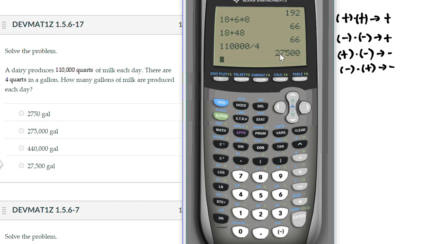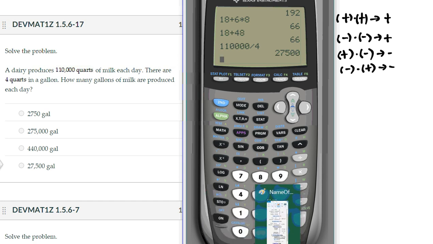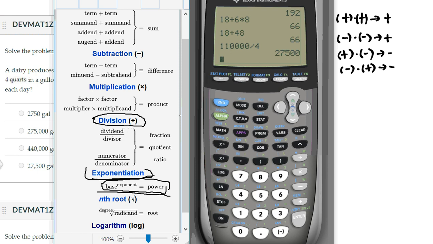Then the division does tell you how many divisors are in the numerator, or in the dividend. Okay? Again, you may see the symbol right here.